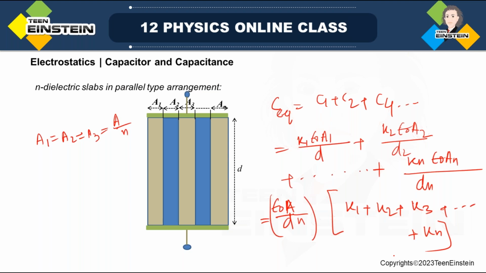This will be the formula for this kind of parallel arrangement. See, along the length, the potential is actually varying.